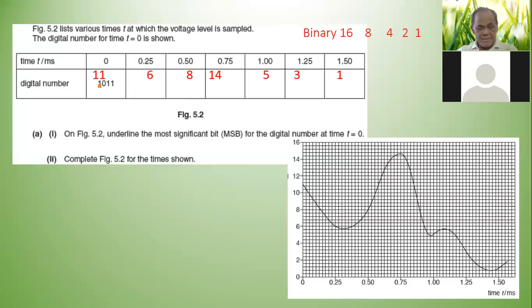We have analog, reading, convert it to digital. And it's just to help you: 2 to the power 0, 2 to the power 1, 2 to the power 2, 2 to the power 3, 2 to the power 4. So if you want 6, 6 is 4 plus 2, so it's 1, 1, 0.